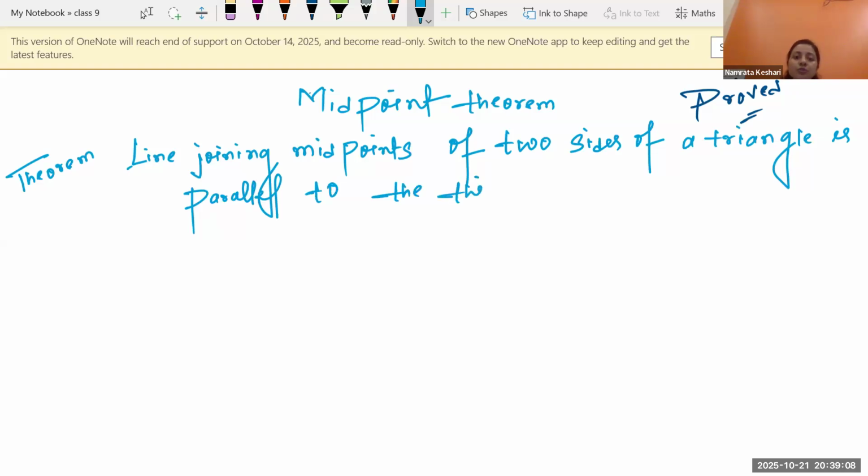Okay, I'll also show you how to prove it's half of the length of the third side. Over there only we'll be able to prove it. But actually this is the theorem. Line joining the midpoint of two sides of a triangle.